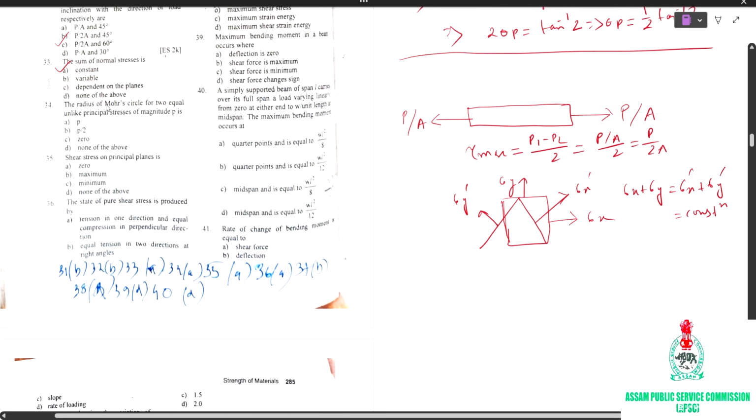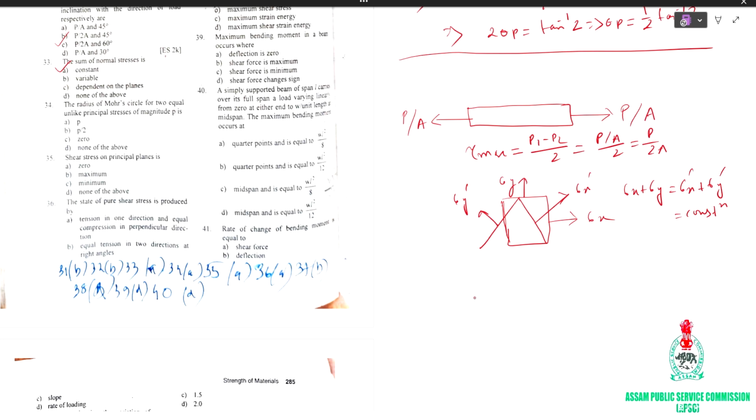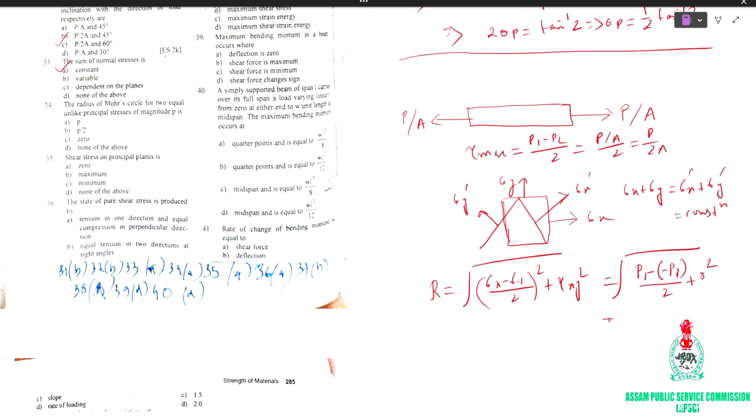Next question is the radius of Mohr circle for two equal unlike principal stresses of magnitude P. Now what is the formula of radius of Mohr circle? R equal to square root of ((sigma x minus sigma y) by 2) whole square plus tau xy square. So two equal unlike, that means what? Suppose P1 and minus P1, so (P1 minus (minus P1)) by 2, principal stress, tau is 0.